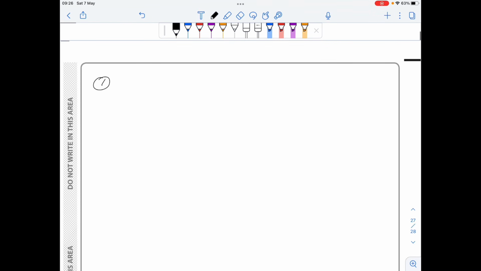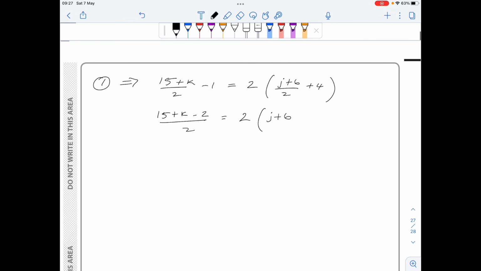So equation 1 simplifies as follows. (15 plus k) over 2 minus 1. If I cross multiply this one, I will get 2 times (j plus 6) over 2 plus 4. Let's convert these into single fractions. So (15 plus k minus 2) over 2 is equal to (2 times (j plus 6) plus 8) over 2.